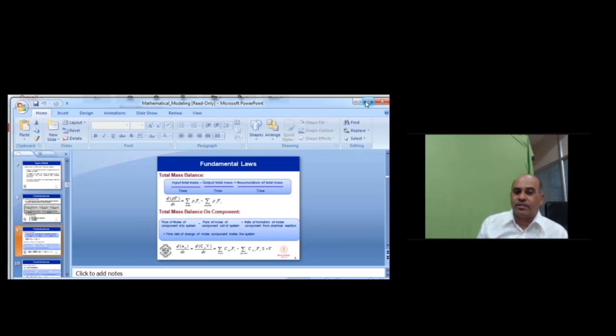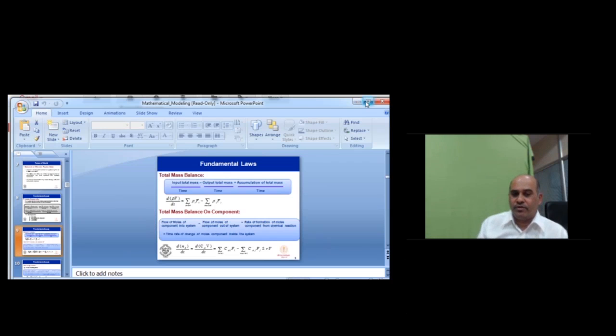Like that, d/dt of rho V is equal to the summation of inlet rho Fi minus the summation of outlet rho Fi. So this is a one tank system where density multiplied by flow, inlet flow minus outlet flow, summation of total inlet flow minus summation of total outlet flow. The same way you can see the total mass balance equation on the component.